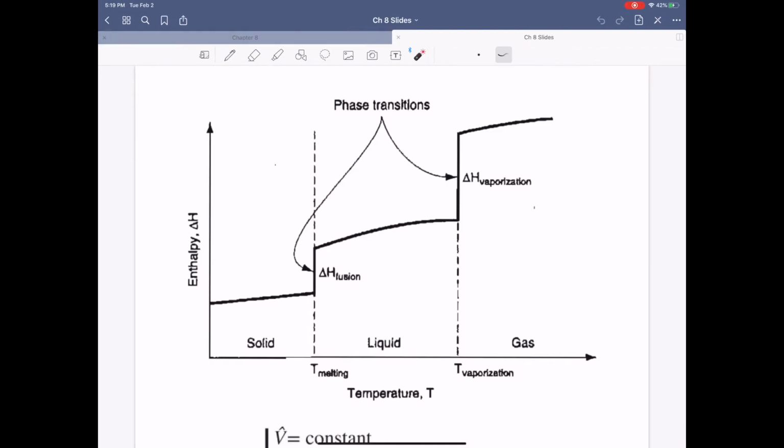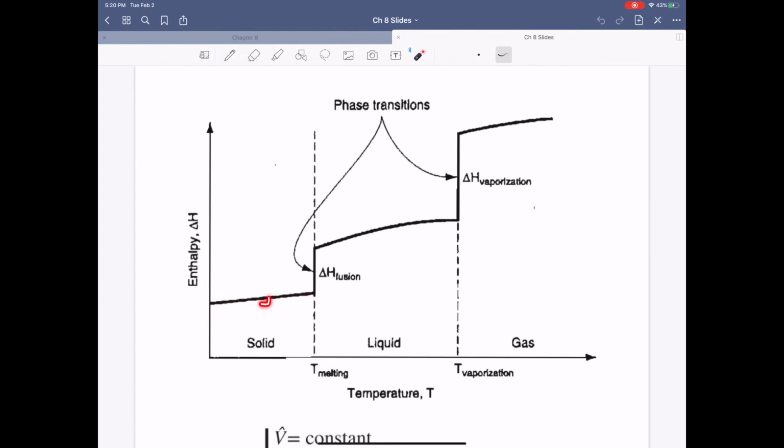Alright? And so what you're seeing here is a plot of the enthalpy on the y-axis and temperature on the x-axis. And as we start on the left-hand side, we're dealing with some sort of solid chemical species, right? And so as we increase temperature, we see that its enthalpy slightly increases, which is consistent with the idea that the enthalpy is related to the heat capacity of the material.